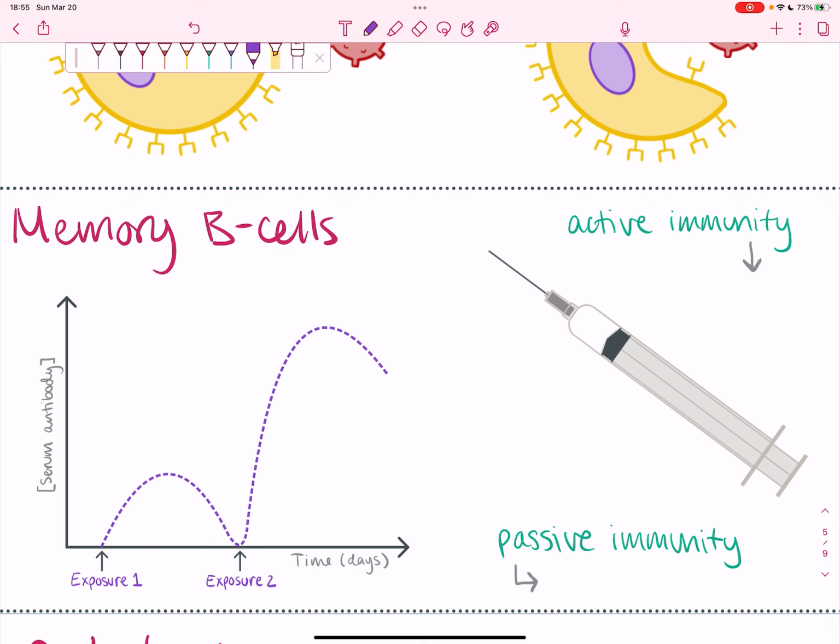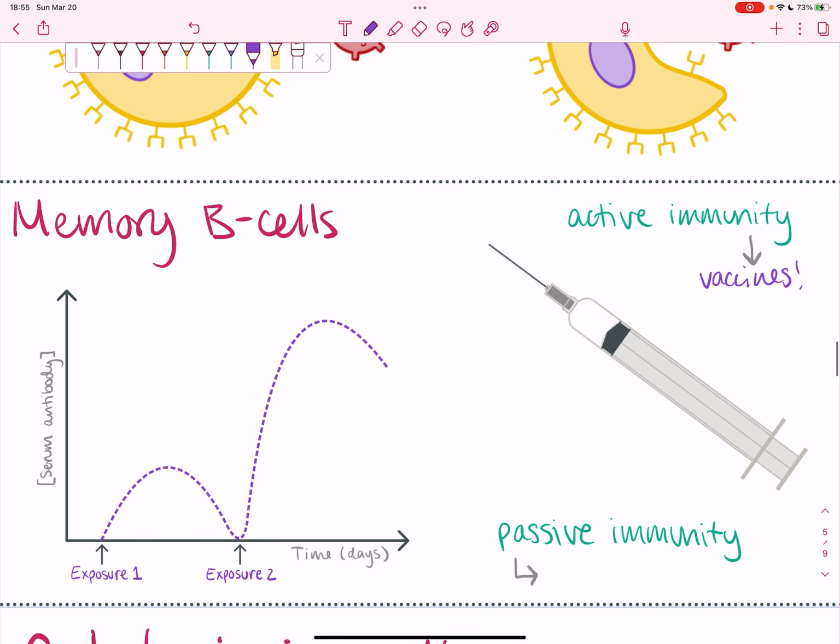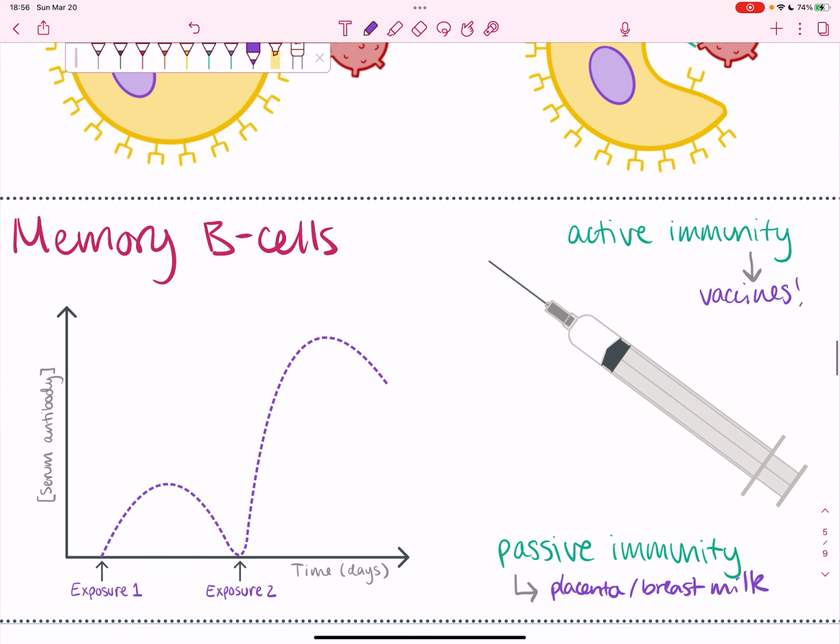And while I'm talking about this, passive immunity is the transfer of antibodies to an individual from another individual, like placenta and breast milk. Breast milk's a huge one, guys. My gosh, it's amazing the kind of stuff that's packed in there.